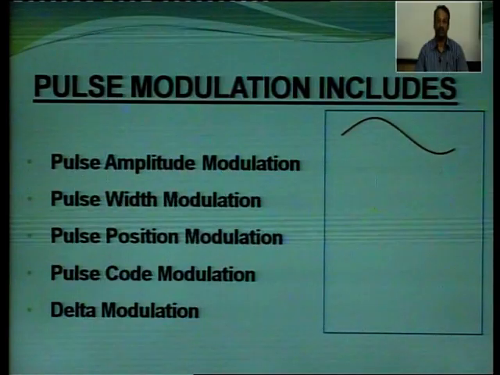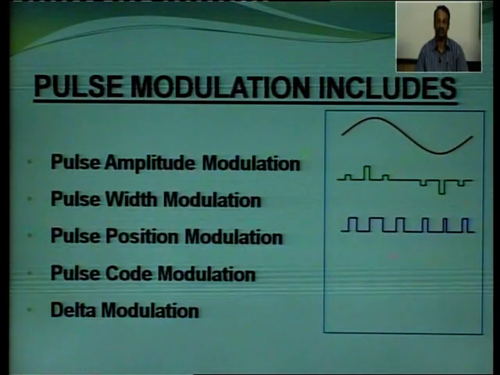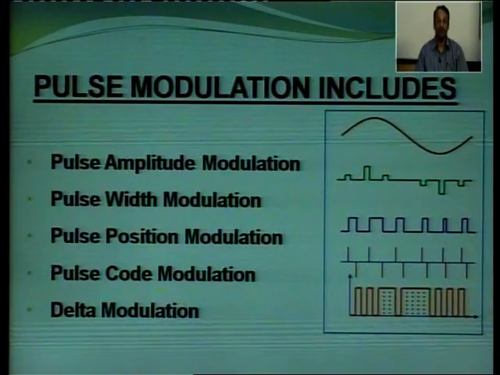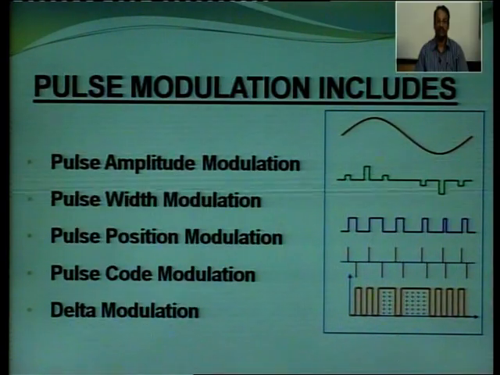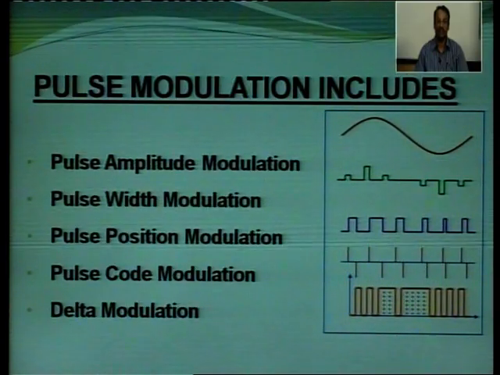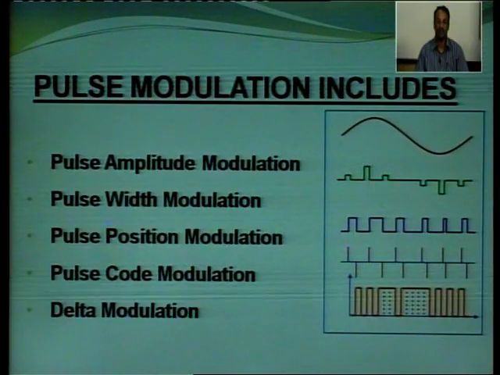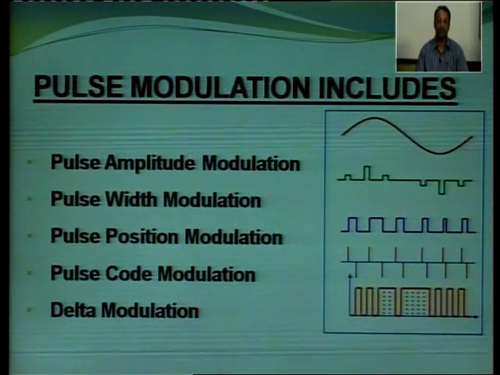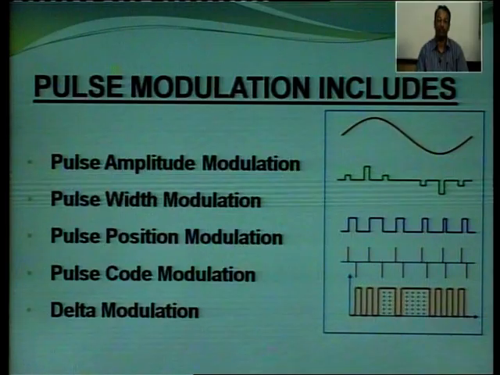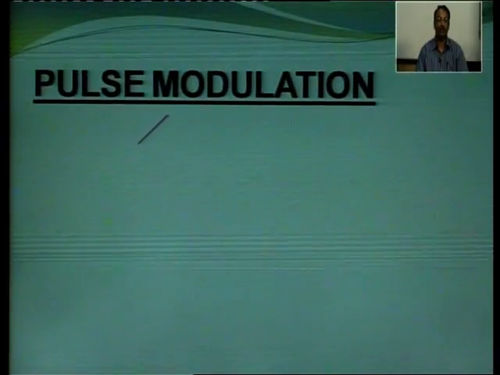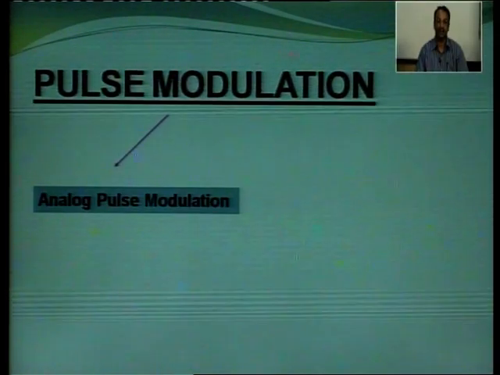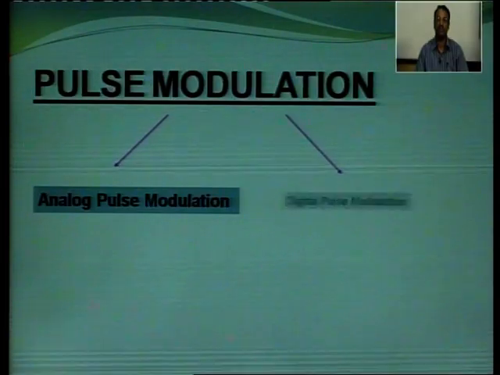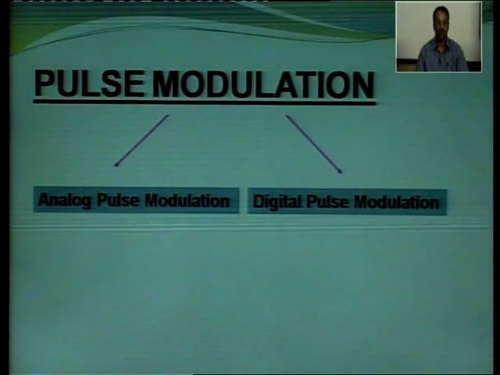So this is analog signal. This first green signal shows pulse amplitude modulation, then this magenta shows pulse width, next shows pulse position and the last one is the digital modulation, that is pulse code modulation. So pulse modulation is either analog pulse modulation or digital pulse modulation.